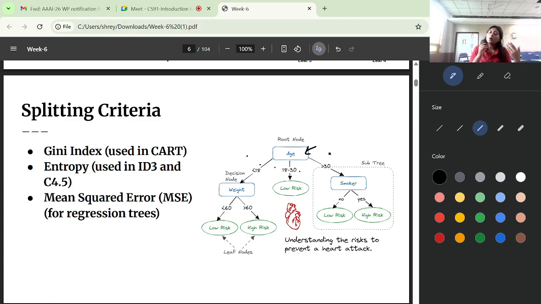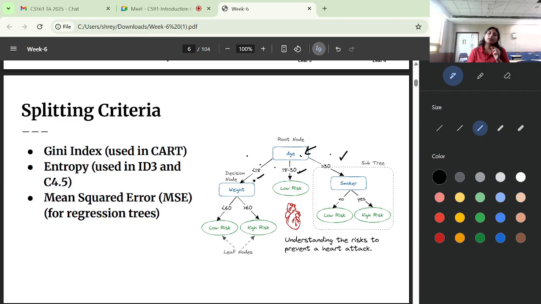When we study the Gini index, we will have an idea of how to split and at which point to make the cut. So till now you can see that this age attribute has 3 splits: less than 18, between 18 to 30, and greater than 30.